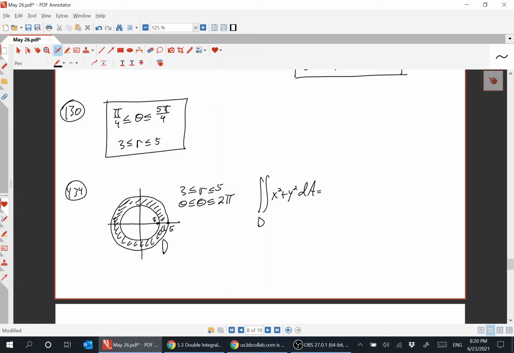So that's the volume of the solid under the paraboloid z equals x squared plus y squared, and above this region D. So you've got that paraboloid there, and then you've got this annular region down here.